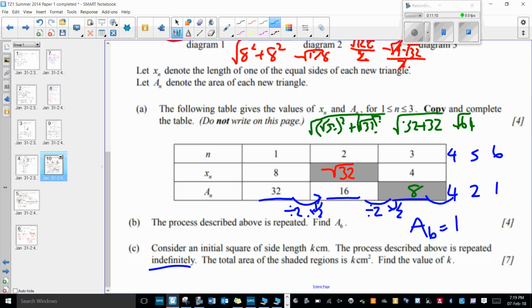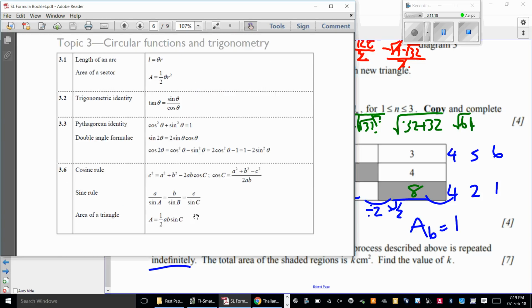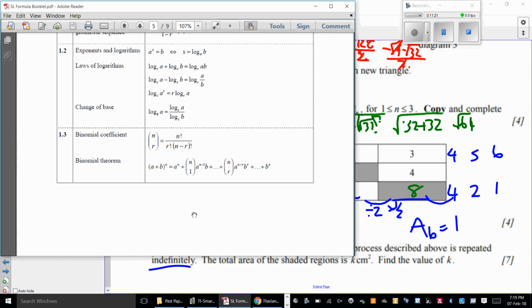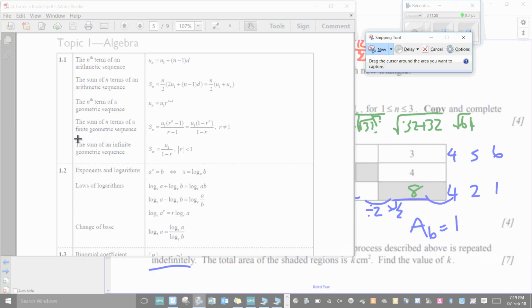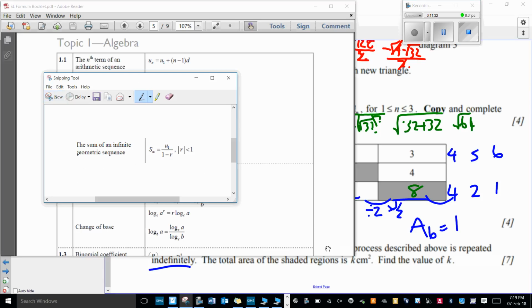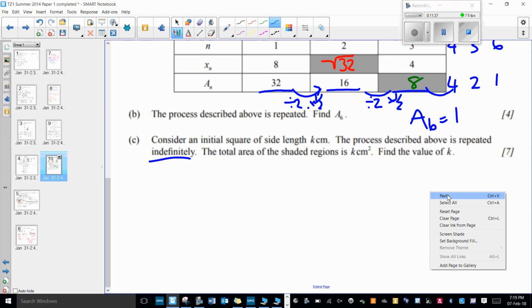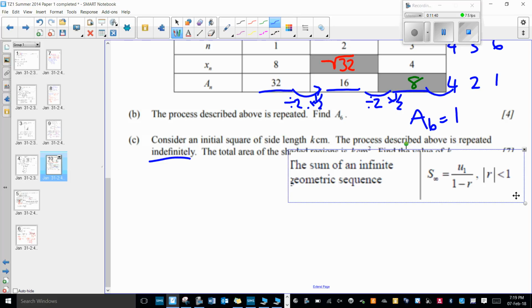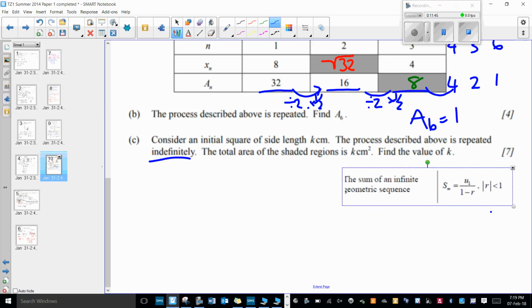So let's remind ourselves of the formula. It's the sum of an infinite geometric sequence. Okay, and we can do this because we know it satisfies this criteria where the value of r is less than 1, because we just said that the value of r was 1/2.